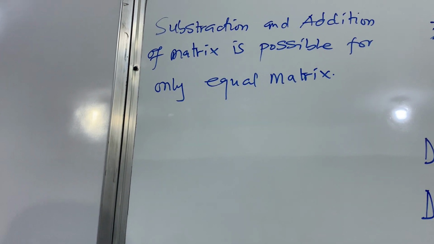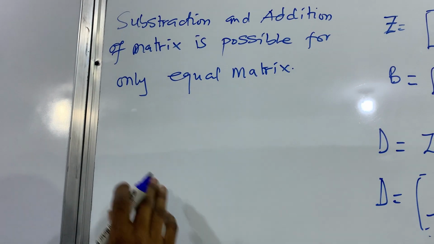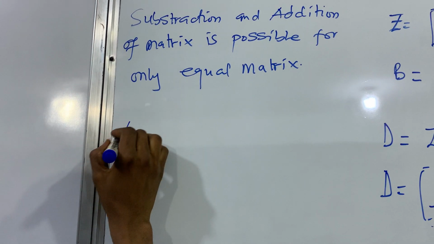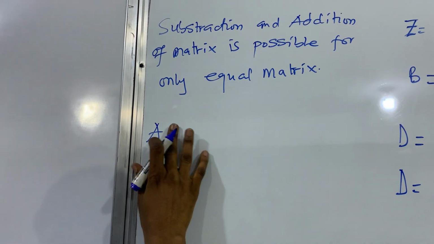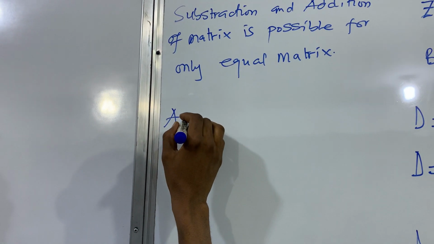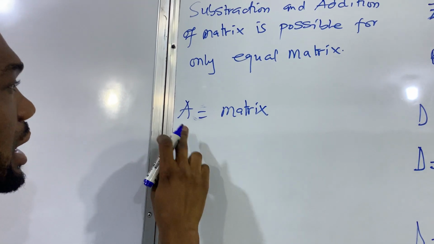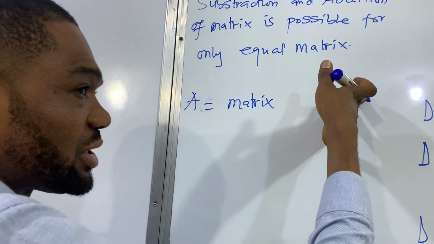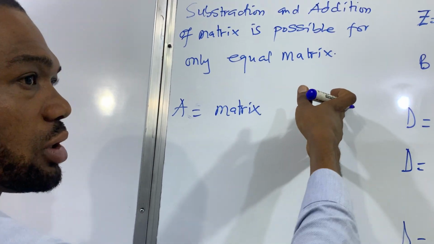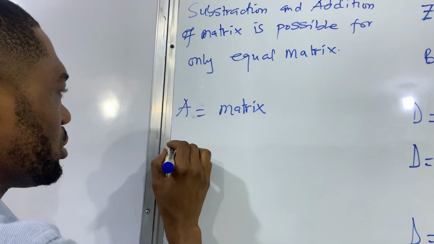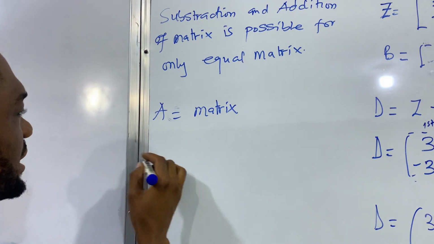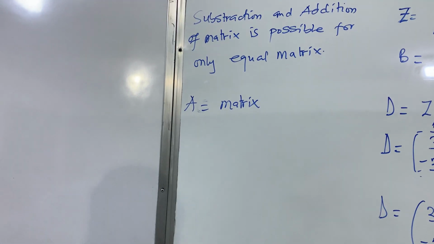That means that the first matrix, let's say matrix A, the number of columns must be equal to that of matrix B, which it is to add, the number of columns in the row. So what I'm saying is that, let's take A for example.